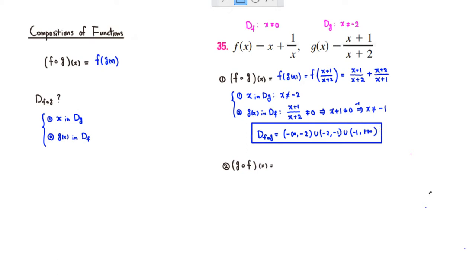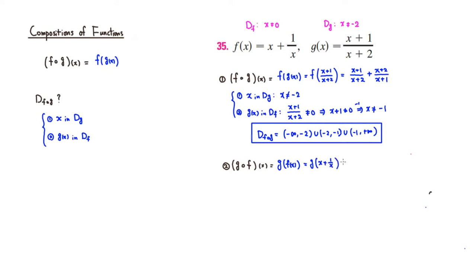Let's do the other way around, g of f of x. Remember that we plug f of x into the g function. So f of x is x plus 1 over x.